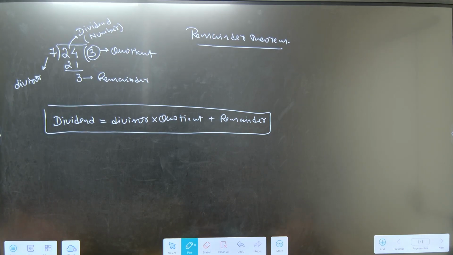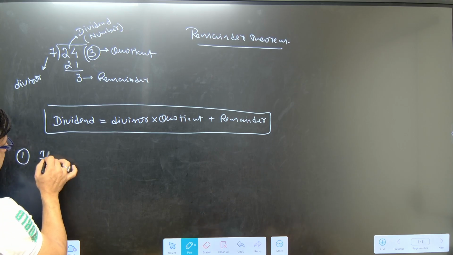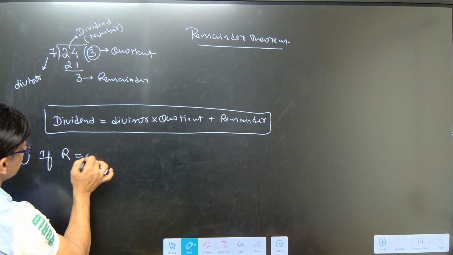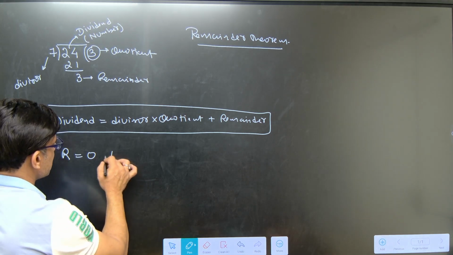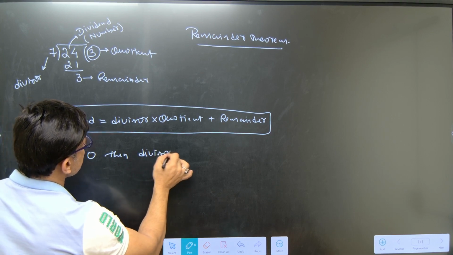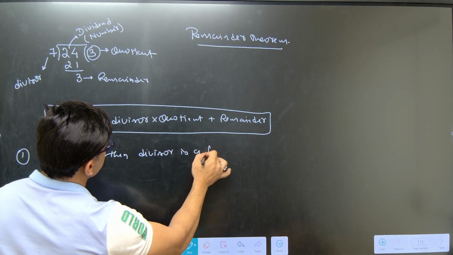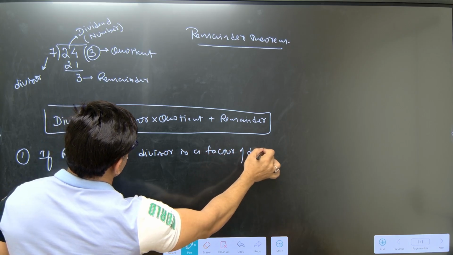This is the first thing you should know. If R is 0, that means if your remainder is 0, then the divisor is a factor of dividend.